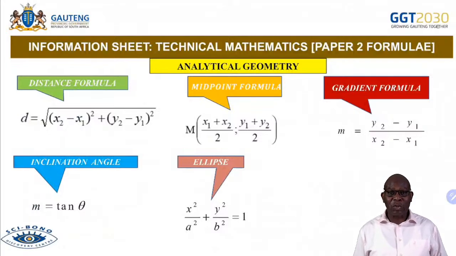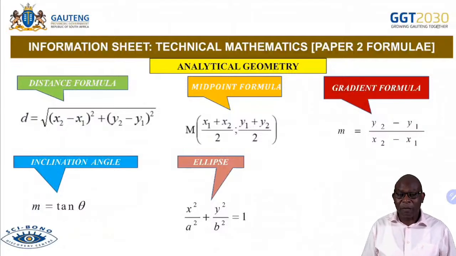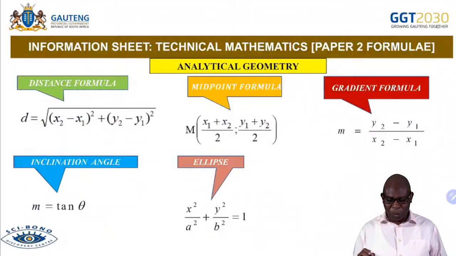For analytical geometry, it is essential that you go to your formula sheet and know what each formula is for before you go into the examination, so that you group those formulae and know which one to use where.